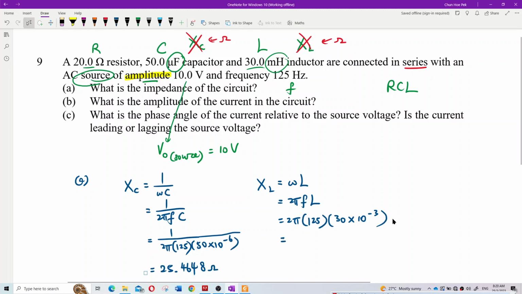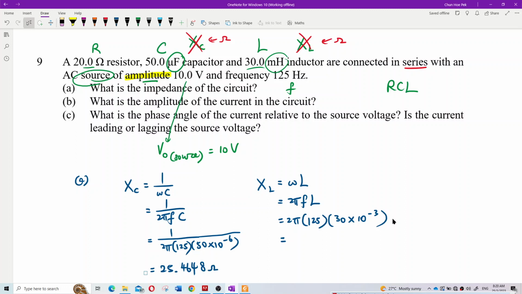So what's the answer? 2 pi multiply 125 multiply 30 exponent negative 3.